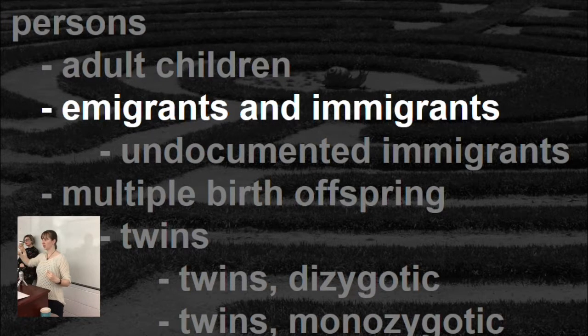Underneath persons, there's like 50 different varieties of people, including adult children, emigrants and immigrants, multiple birth offspring. It just breaks it down into smaller chunks that are medically relevant. So you get persons, adult children, emigrants and immigrants. That one also has a smaller branch, which is undocumented immigrants, and it stops there. So there's nothing more specific than that group.